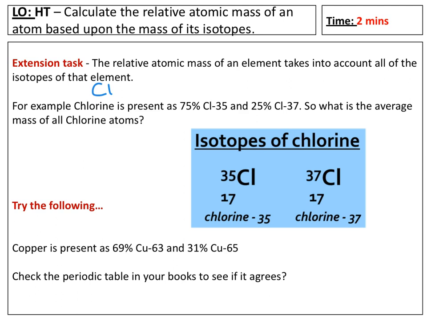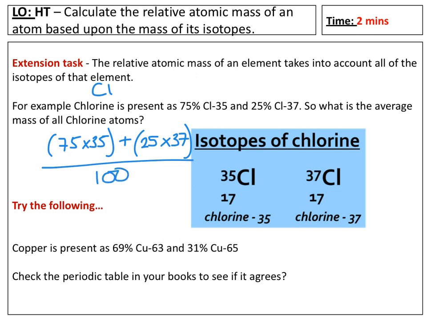You'd need to do your abundance times by the mass. So we would have to do 75 times 35, and that's basically the total of those abundances. We have to add that then to your 25% times by your 37, and we're going to divide all of that, because it's an average, all of that by the total number of them. Well, there's 75 plus 25, so 100 of them.